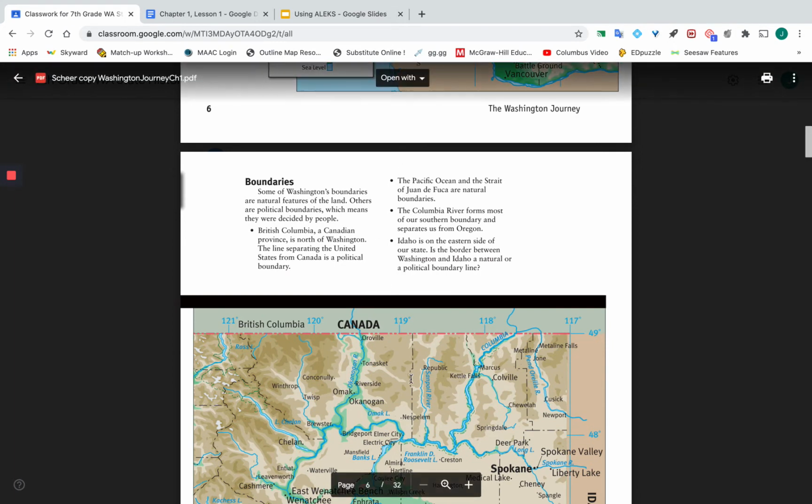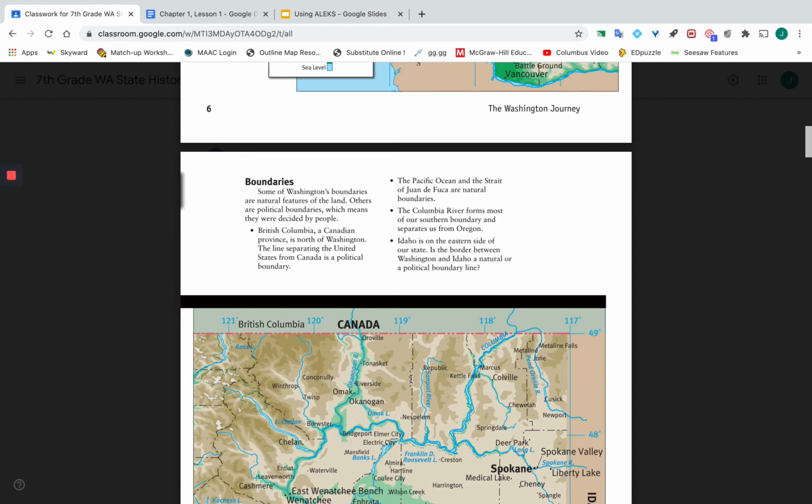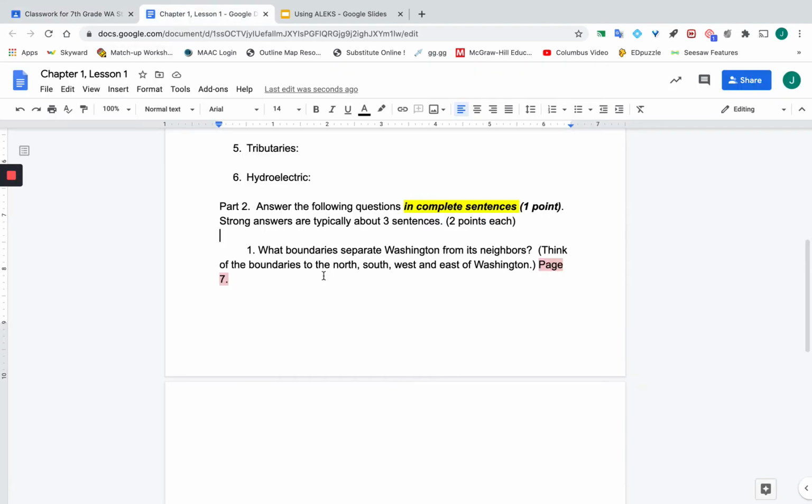So to the north, obviously we have the Canadian border is the northern boundary. The Pacific Ocean is our western boundary. The Columbia River is our southern boundary, and Idaho is our eastern boundary. You just type that in, but again, it's got to be complete sentences. So to the north, Canada is our boundary.